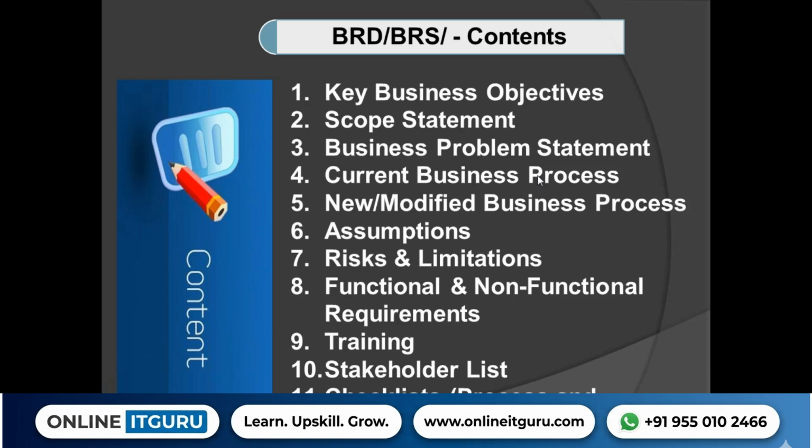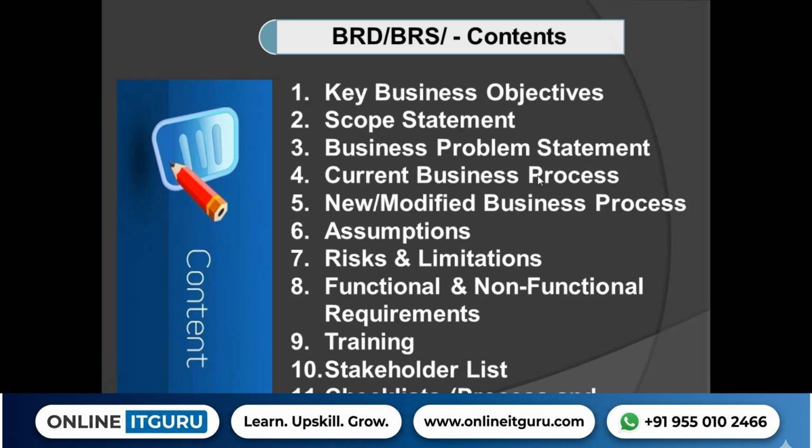Okay. Then the sixth one is assumptions. We are going to prepare this project assuming that each and every customer will have an account, and the ATM card is linked with that account, and the ATM card is in its validity period. That is our assumption, and we are doing this project. And risks and limitations.